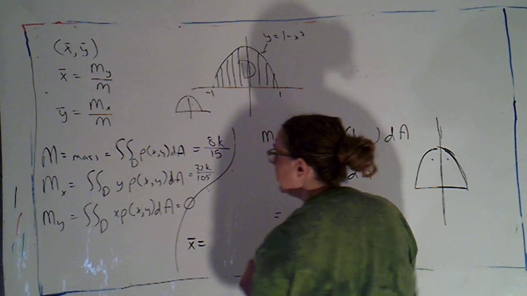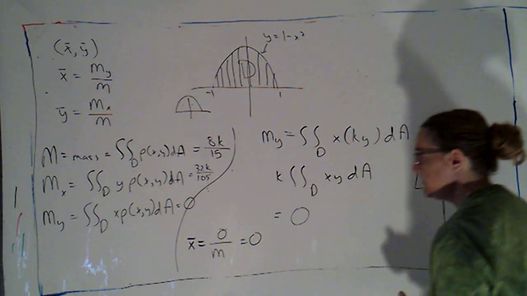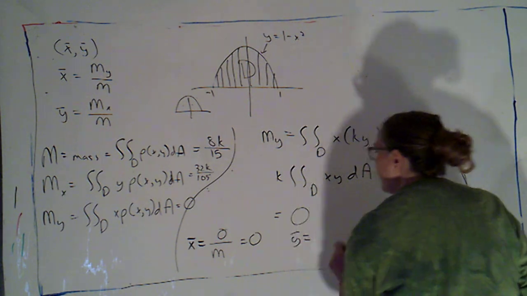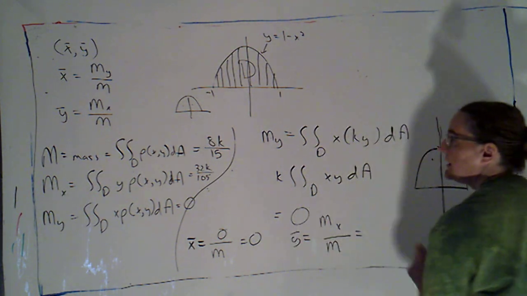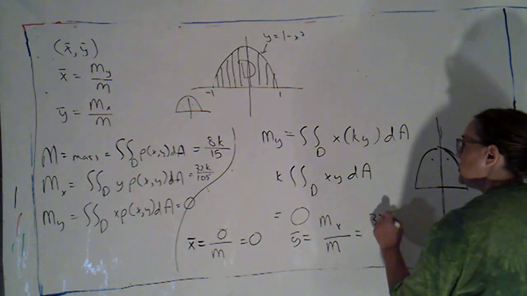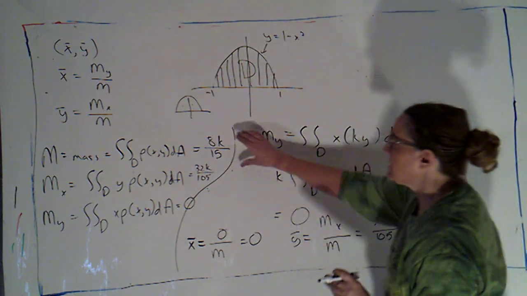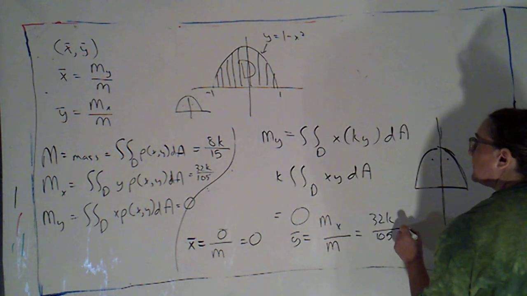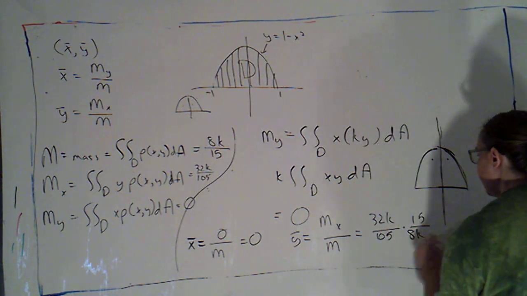So x bar is 0 over the mass, which is just 0. And y bar was m sub x over the mass. M sub x was 32k over 105. Dividing by the mass means multiplying by its reciprocal, so that'll be times 15 over 8k.